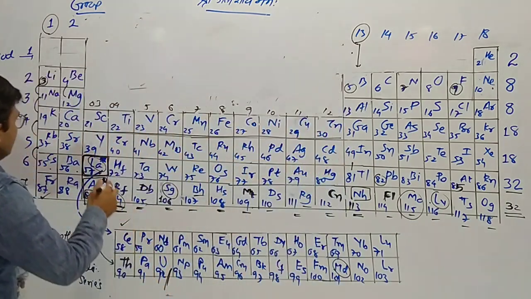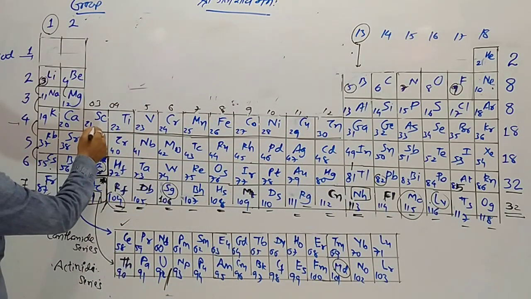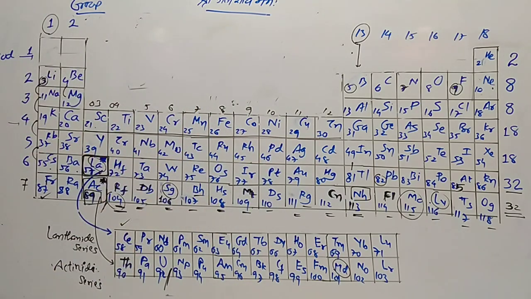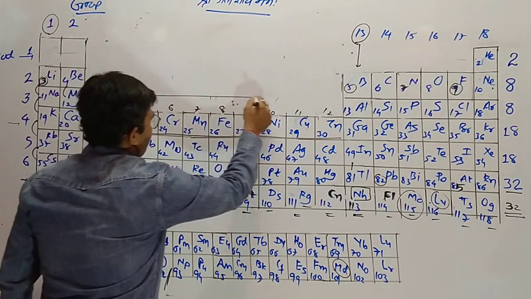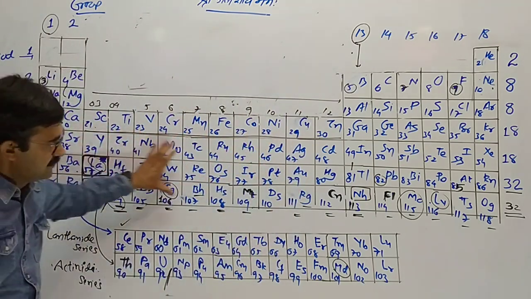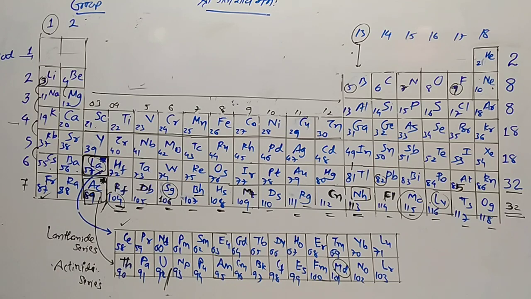Now in the fourth period, scandium to zinc, from group number 3 to 12, we have to remember horizontally, not vertically. We will remember those 4 lines only horizontally.